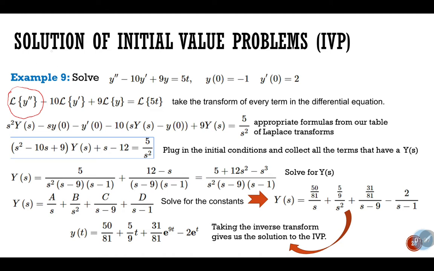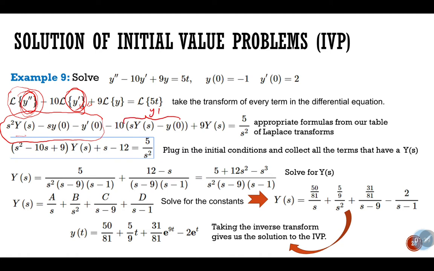Taking the transform of the derivative, the Laplace transform of y double prime by definition is s squared Y(s) minus s y(0) minus y prime (0). This is for y double prime. And for y prime, its Laplace transform is this one.